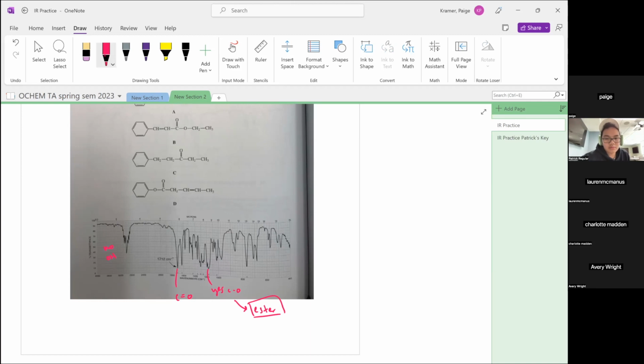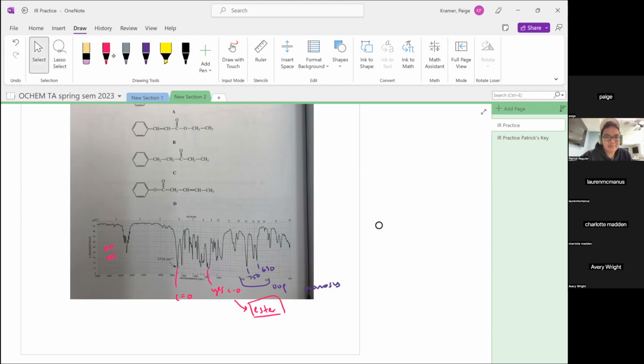And then in terms of whether or not this is aromatic, we have our OOP ends. These are the two peaks that I would pay attention to, 1750, 690. Using our OOP chart, we could determine the substitution. If I have that chart memorized, I think that should be mono-substituted. I don't know if I have that memorized.